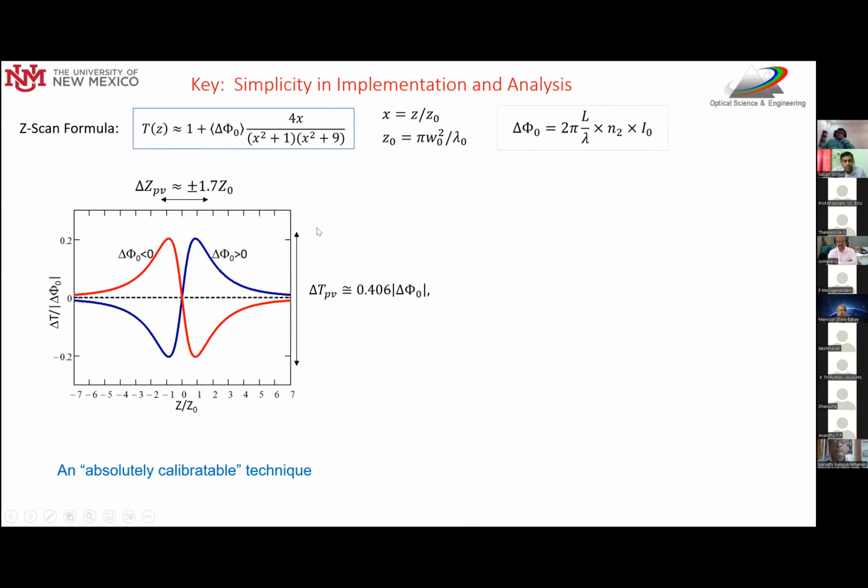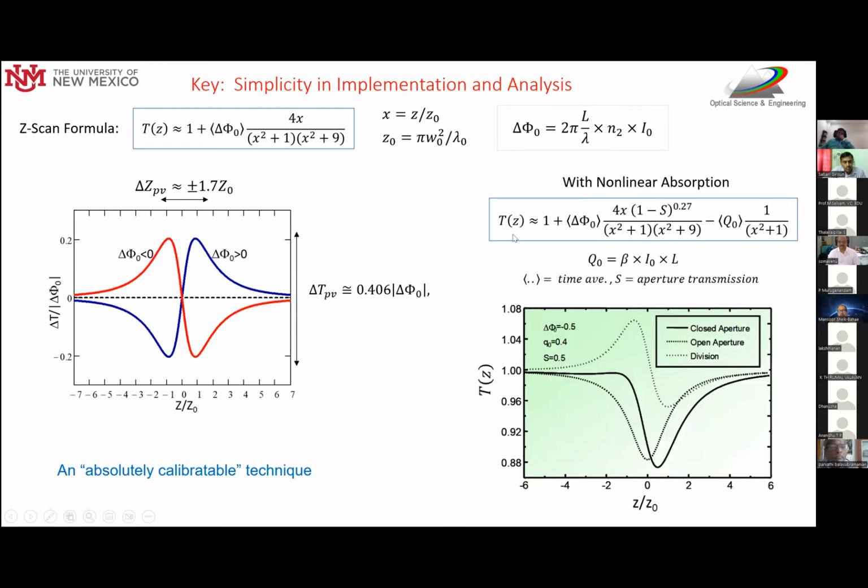If you measure your power or energy in the pulse or in your laser, then you would already know your intensity. And from here, you would know your phase shift and you back up and calculate your N2. And also, of course, once you have a nonlinear absorption, you would have this simple expression that you can use, right?